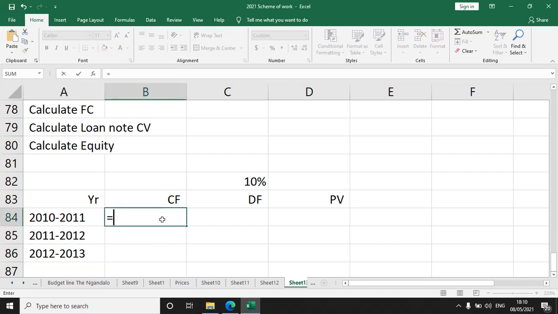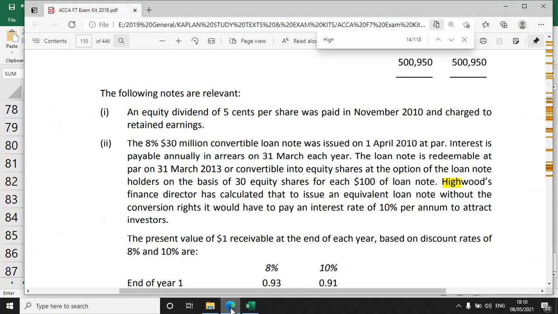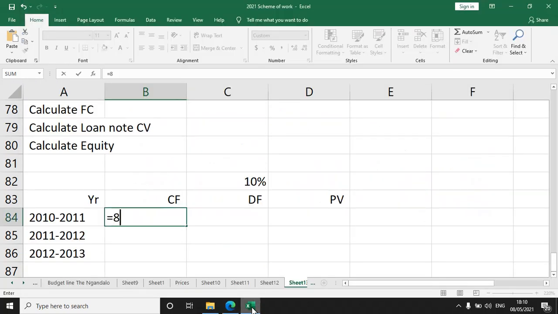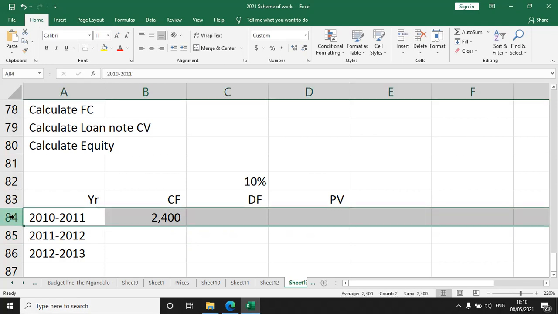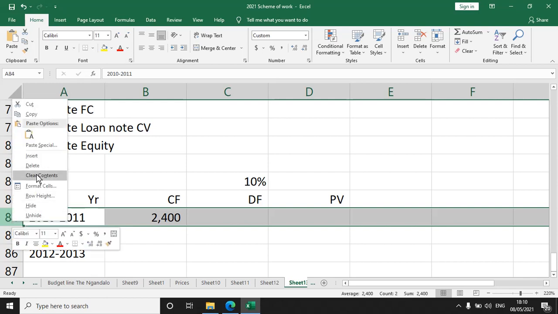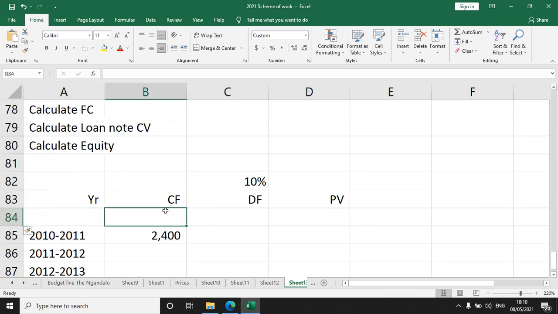Then with regards to the cash flows, we have to pay attention to the principal amount, 30 million at 8%. So in the first year, 8% of 30 million will be paid. I have to create some space here so that we don't have a challenge with the issue of dollars.